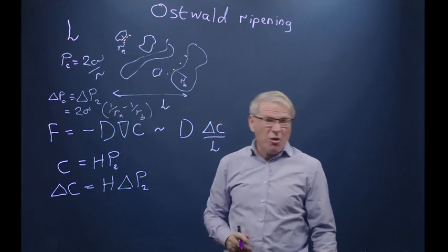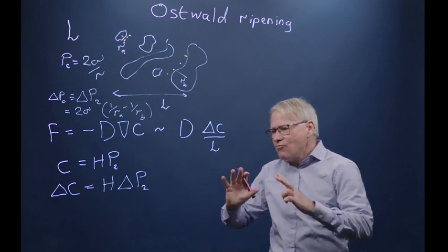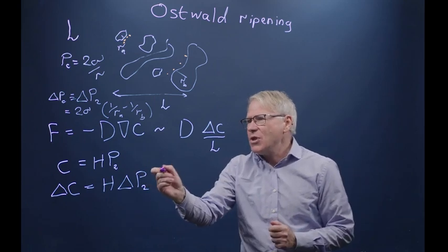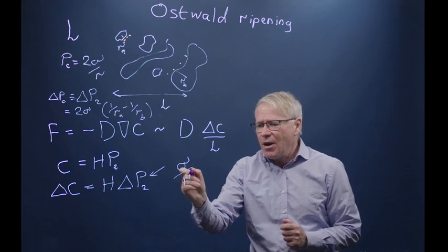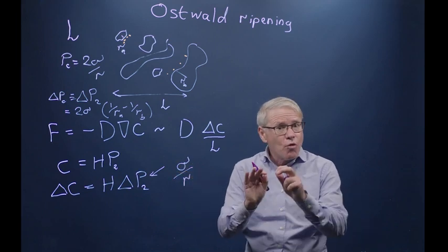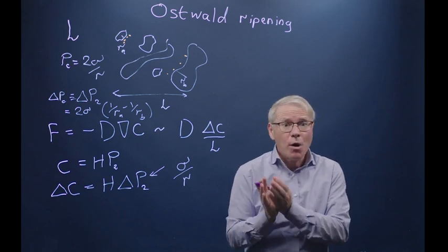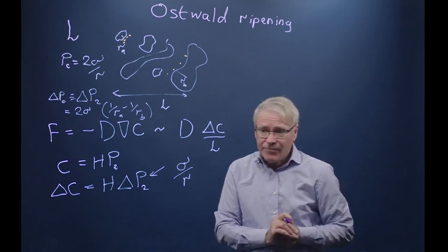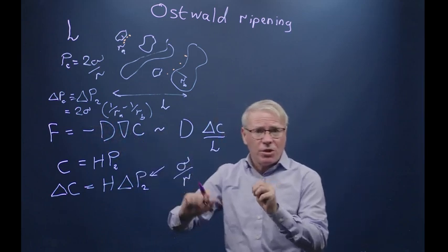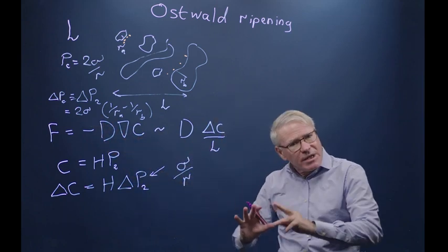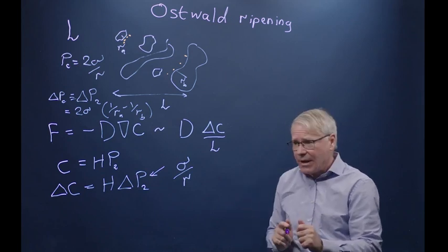Well, that becomes a bit complicated because what's RA and RB? So I'm just going to put in, roughly speaking, that this is of order sigma divided by R, which will be a typical radius of curvature of a meniscus, and that will be related to a typical pore radius. So this is order of magnitude. What's happened to the two? Maybe there's a difference here, just to get a scale. It's not a precise calculation.